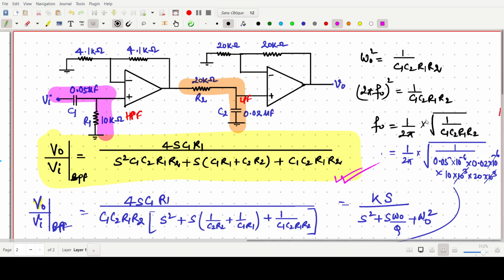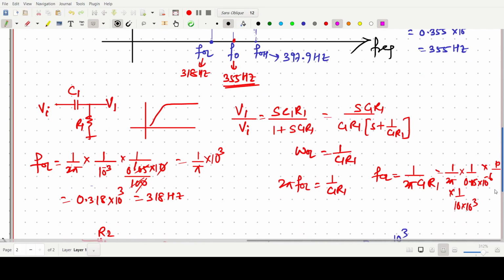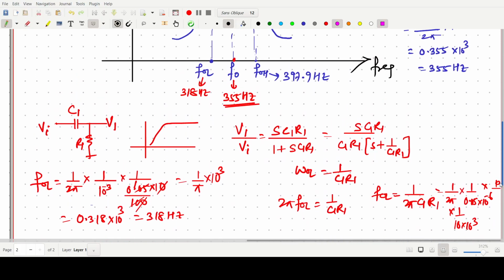The center frequency comes from the standard form, Vo by Vi, which we equate with this one. So the center frequency will be this, and the lower and higher cutoff frequencies can be found from the high pass and low pass. So this is the way to solve this kind of problem.